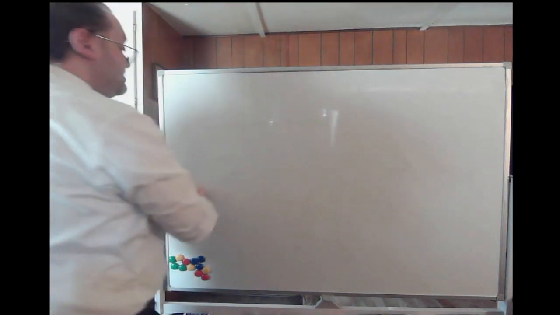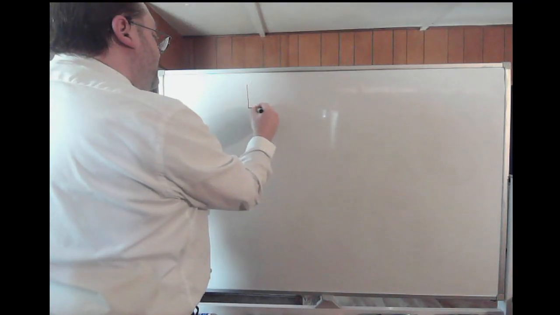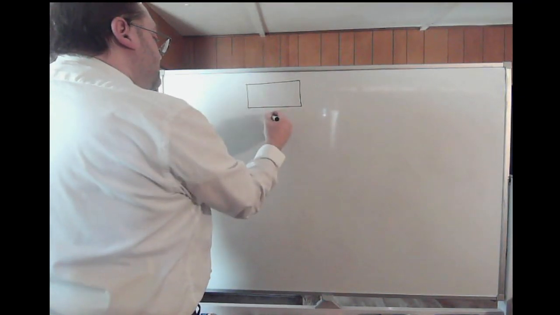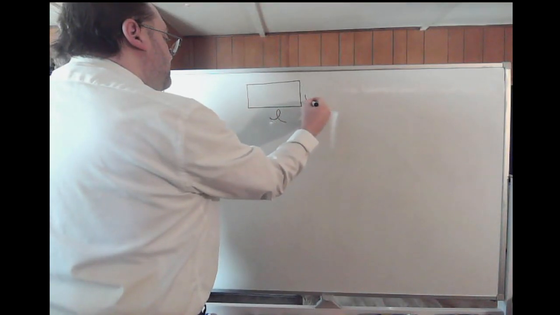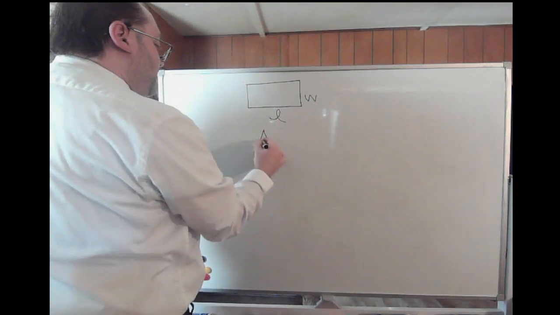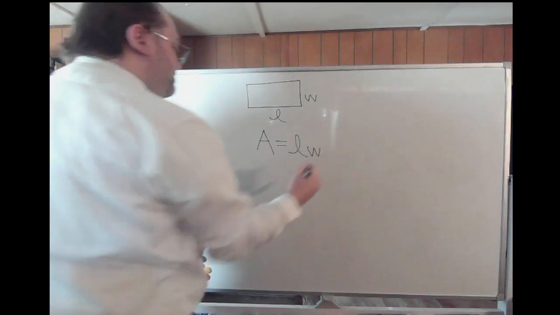So let's start with rectangles. To find the area of a rectangle, of course you have your length and your width. To find the area, which is capital A, you just take your length times your width.